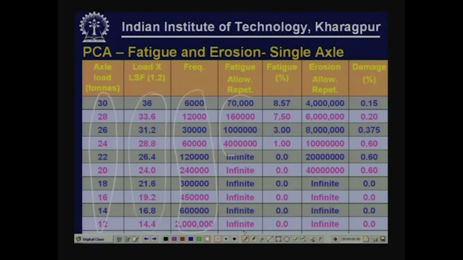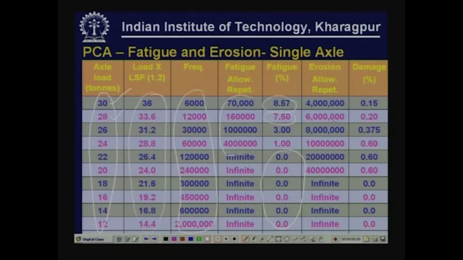Similarly, erosion analysis also. This is the total fatigue life consumed by this load group. 7.5% is the fatigue life consumed by the 28 ton load group, and the smaller loads do not consume any life. Similarly, you have 3%, 1%. You can find out the total fatigue life consumed by all the single axle loads that are expected.